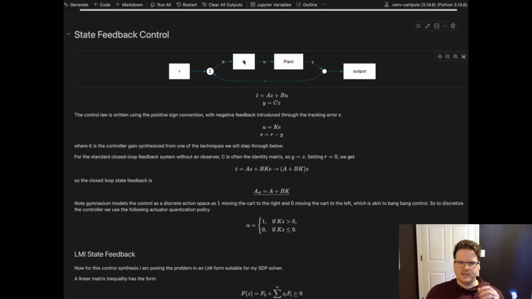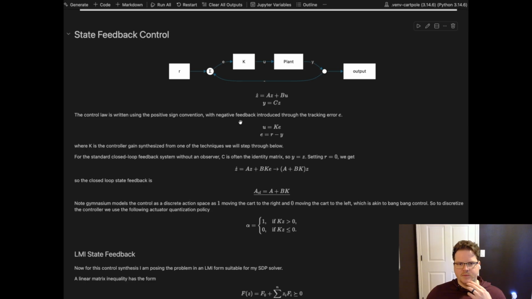The K basically amplifies, trying to do state correction based off of this error signal here, R minus Y. We get a U control law, and then that's what gets fed into the plant here, z dot = Az + Bu, y = Cz. And then the output Y is just one-to-one with this output block.